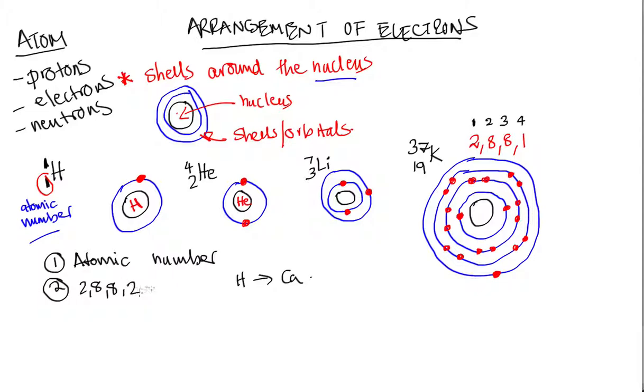So 2 will be the maximum for calcium, for example, which comes after potassium. So after potassium we have calcium, which is 40, 20, and this one will just have 1 more electron, so it has 2 in the last shell instead of just this 1. And then after this we can just draw the structure.